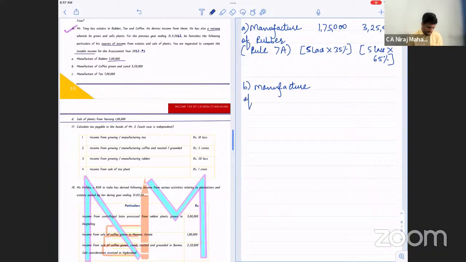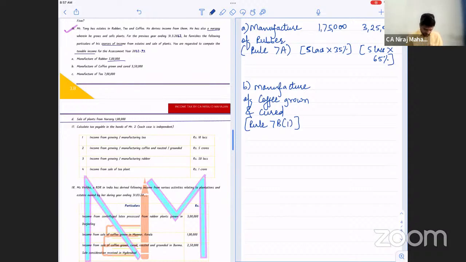Manufacture of coffee grown and cured. That much we have been given only. Rule 7B1, correct? It is a little bit, you can say, purer coffee or a raw coffee. So it was 25, 75 rather.